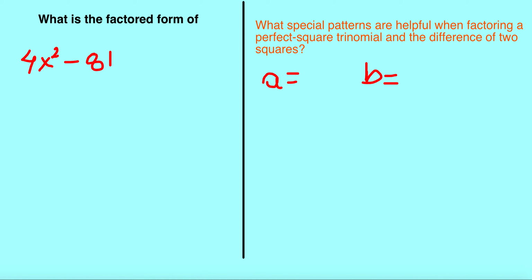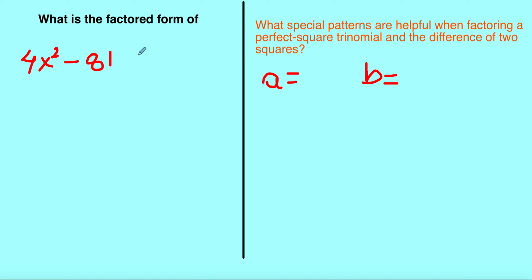Now, what is the factored form of 4x squared minus 81? What special patterns are helpful when factoring a perfect square trinomial and the difference of two squares? In this case, we're going to write the first term and last term as perfect squares, so we're following the same strategy.